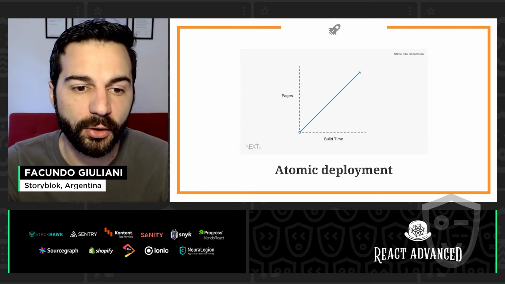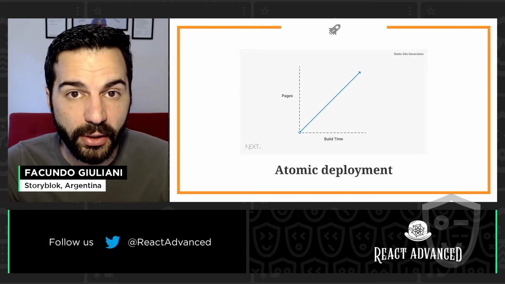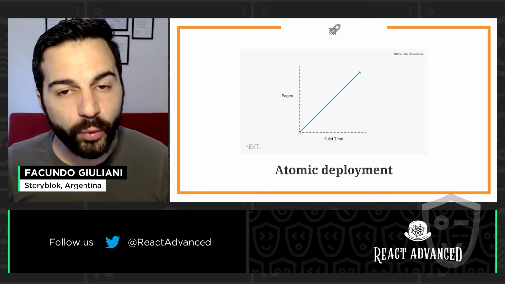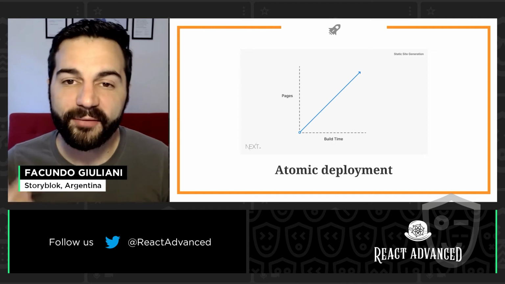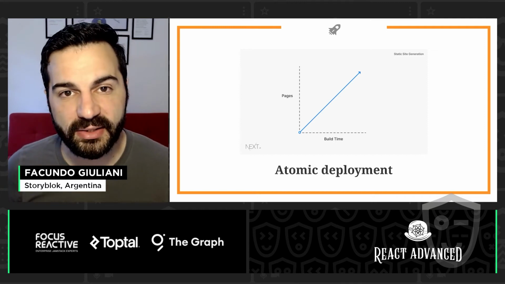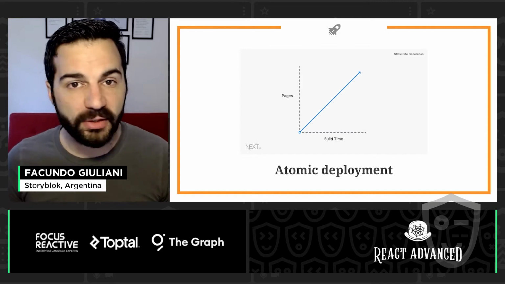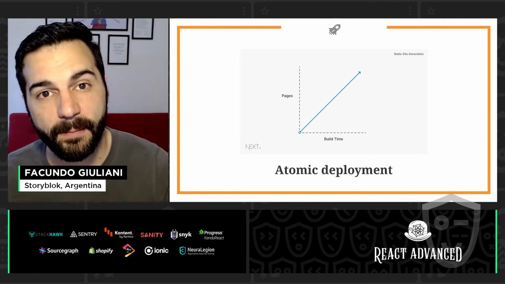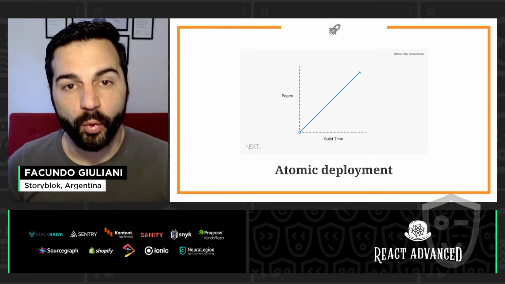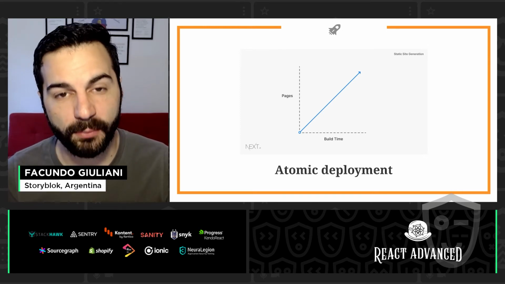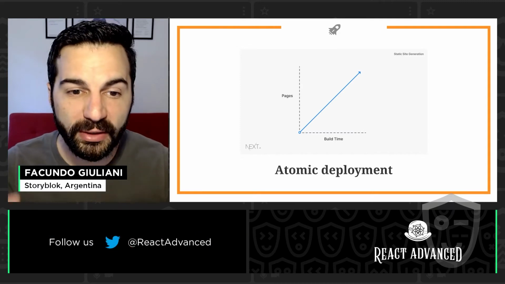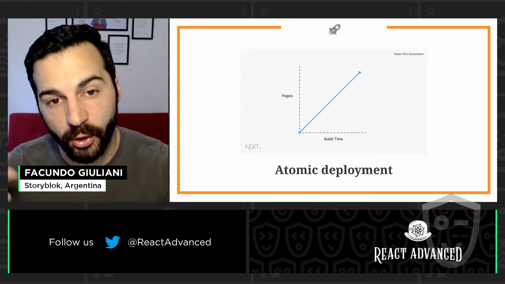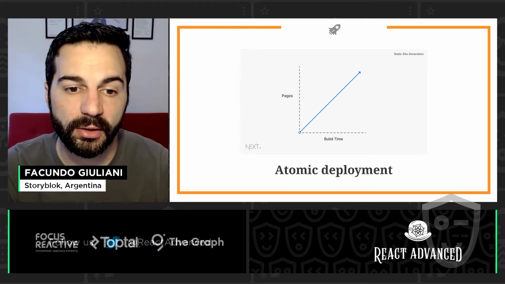There's a concept used with static site generators that is atomic deployment. That means that when we run the build process, we have to generate all the static assets for our website. If there's any error while executing this build process, or if there's any page that we are not generating, we say that we are breaking this atomic deployment, because we will have different versions of the pages living in our website, and that's something that we don't want.